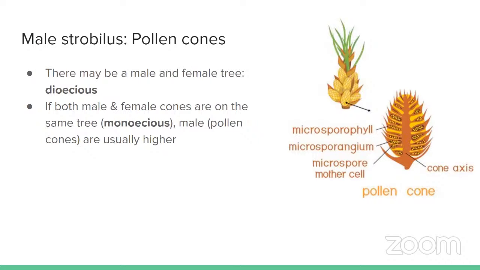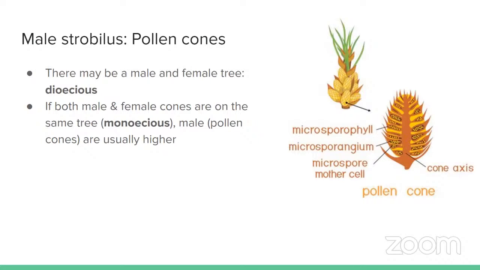Now, when we're thinking about gymnosperms, when we're thinking about trees, some trees are going to have both male and female reproductive structures on the same tree. And some trees are going to have specifically, this pine tree over there is a male tree, this pine tree over there is a female tree, something like that. If there are male and female trees, different trees, we call them dioecious, di for two.